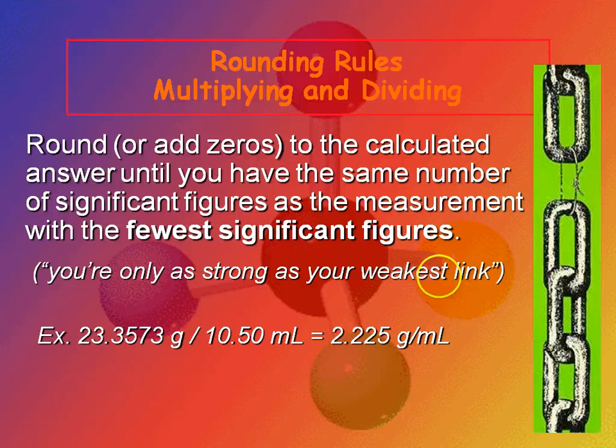So now, multiplying and dividing. Again, you're only as strong as your weakest link, so we round or add zeros to the calculated answer until we have the same number of significant figures as the measurement with the fewest significant figures. I'm going to look at these two numbers and see this one has 6 significant figures. This one has 4.